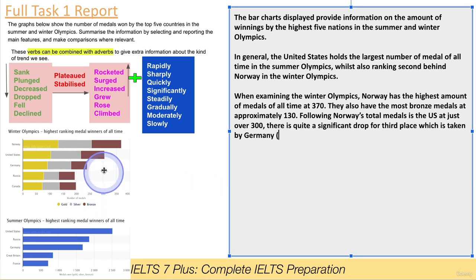And then we could say roughly 60 less than America.